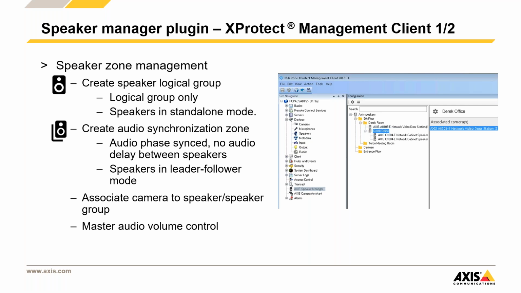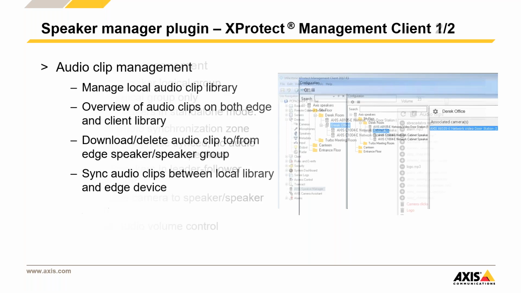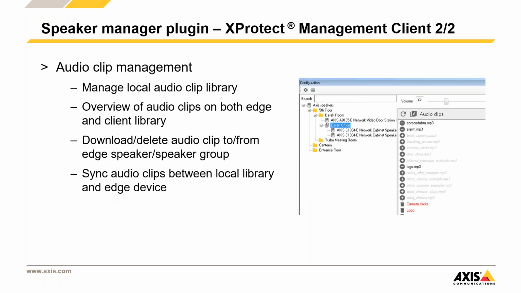And you'll see here now I can actually manage my speakers directly in the VMS itself. I even have a master audio volume control. If I jump to the next one, to give you a little bit more detail, here you can say which type of audio clips I want to have between the devices. I can even synchronize my libraries. And the good thing is all of this happens directly in the VMS itself.